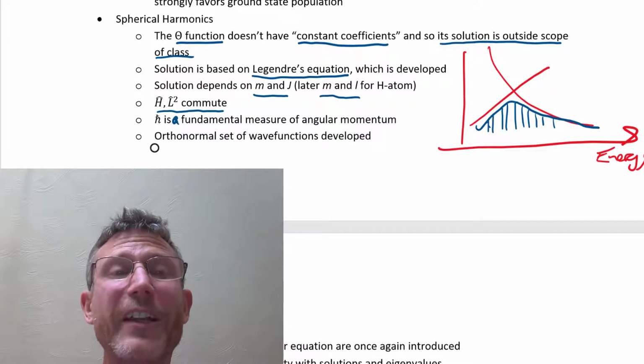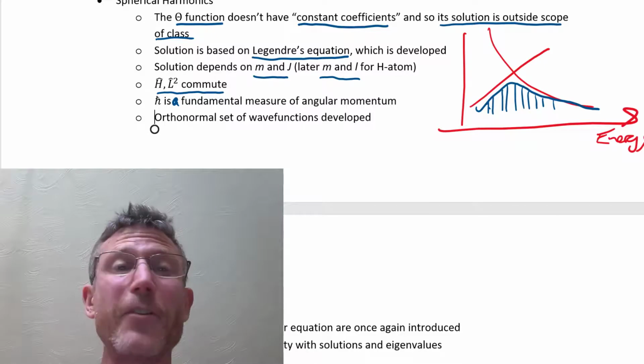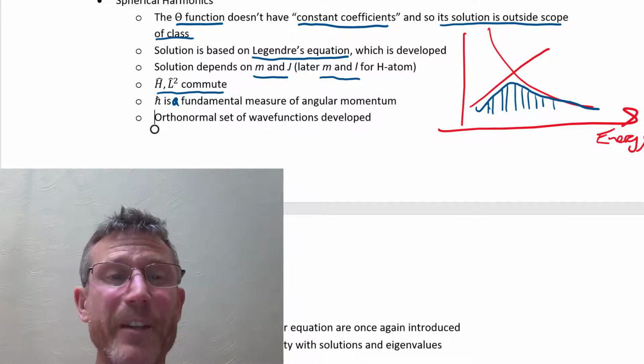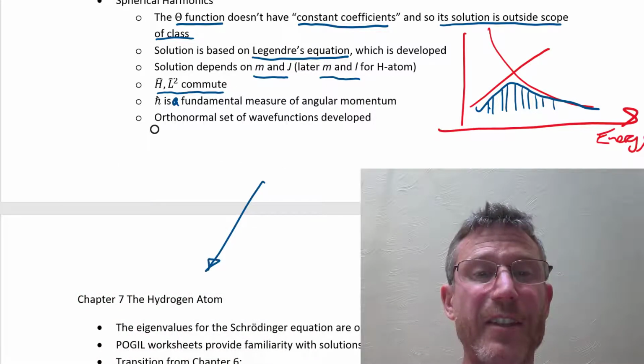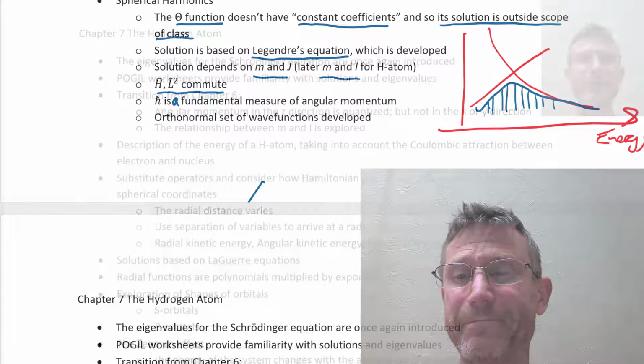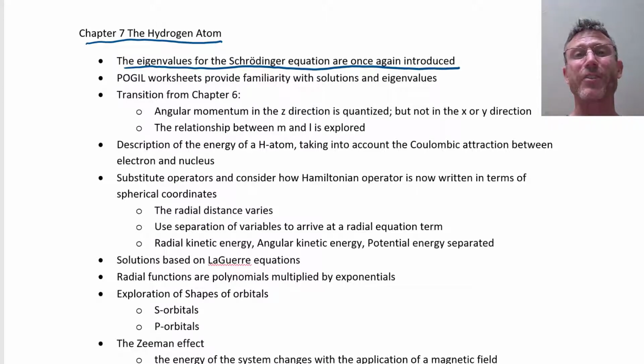The spherical harmonics were the solutions to that Schrodinger equation for the rigid rotor, and those spherical harmonics would show up again as we looked at chapter 7 and the hydrogen atom, and as you can see, this is coming up next. So again, this is our summary. Then we started to look at chapter 7. This is really the main focus of the course. In chapter 7, the eigenvalues, the energies for the Schrodinger equation, were once again introduced.